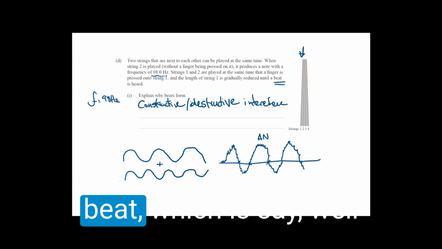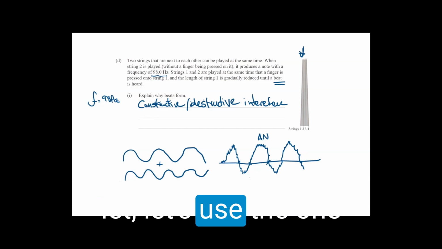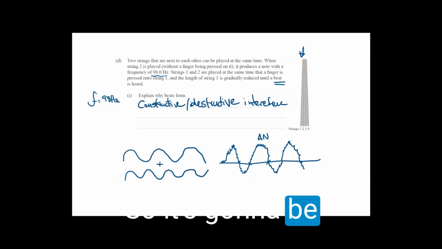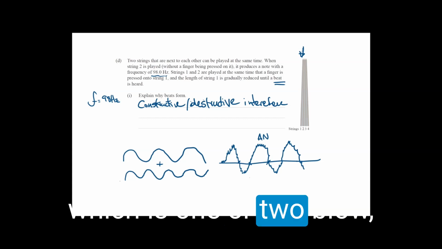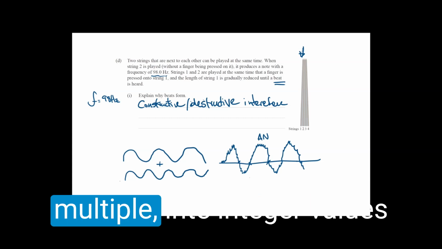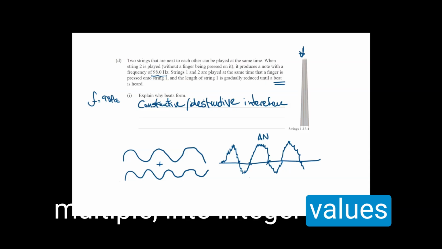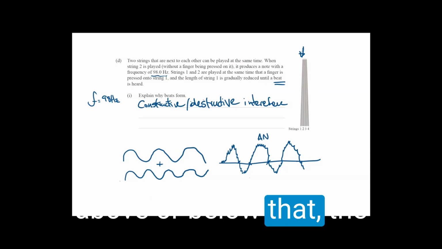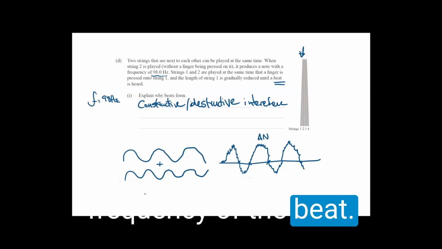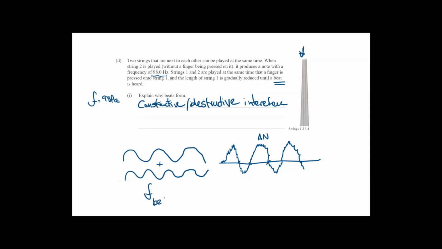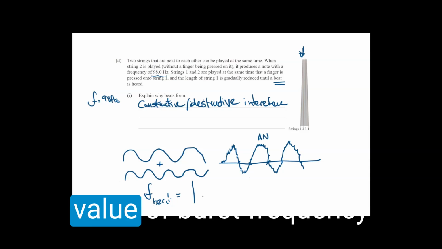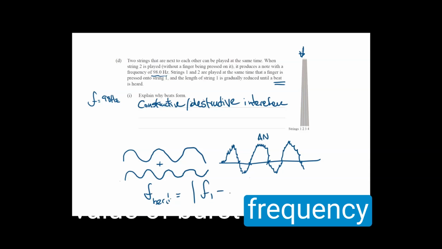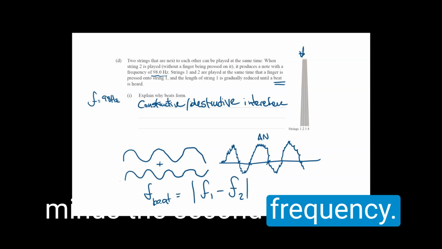So if you have one note at, let's use the one they've got here, 98 hertz, and then you have another note a little above or below that, the frequency of the beat is going to be the absolute value of the first frequency minus the second frequency.